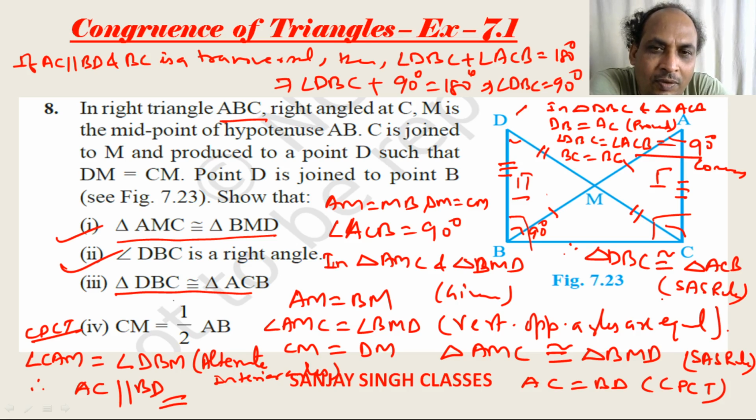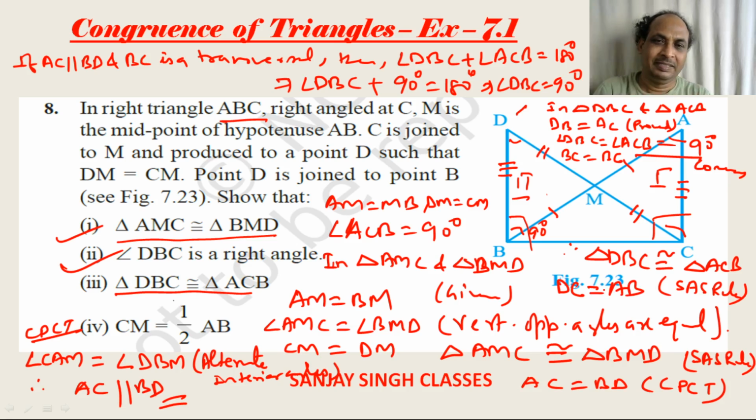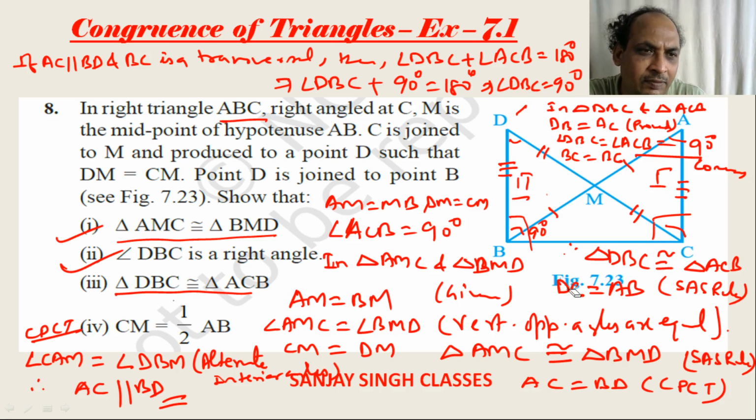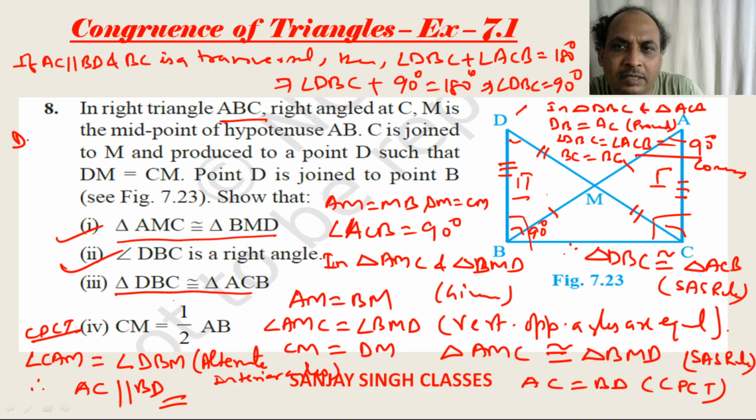It means DC is equal to AB. And DC is equal to 2 times CM, so we can write 2 CM is equal to AB.